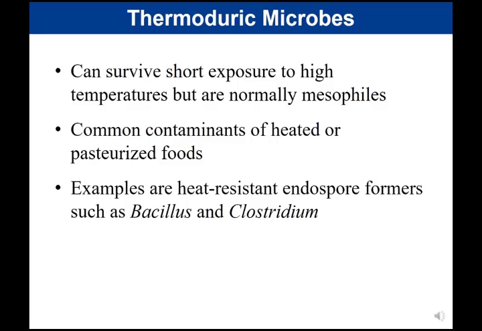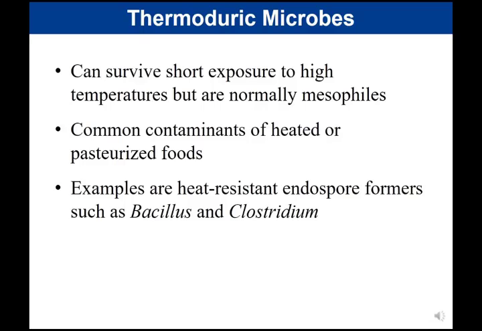Now, when we call an organism thermoduric, what that means is that they're normally mesophiles. So normally they survive best around human body temperature, but these organisms can survive short exposure to high temperatures. So they can tolerate higher heat better than a typical mesophile.